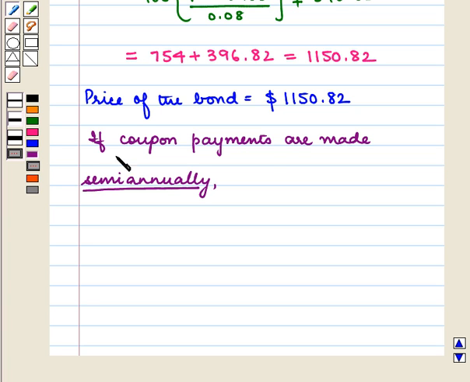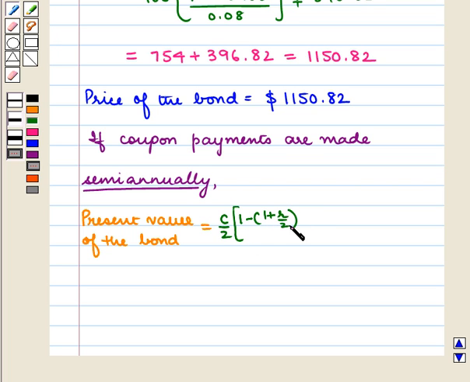Note that if coupon payments are made semi-annually, the present value of the bond is equal to C by 2 into 1 minus (1 plus R by 2) the whole raised to power minus 2n, the whole upon R by 2, plus FV upon (1 plus R by 2) the whole raised to power 2n.